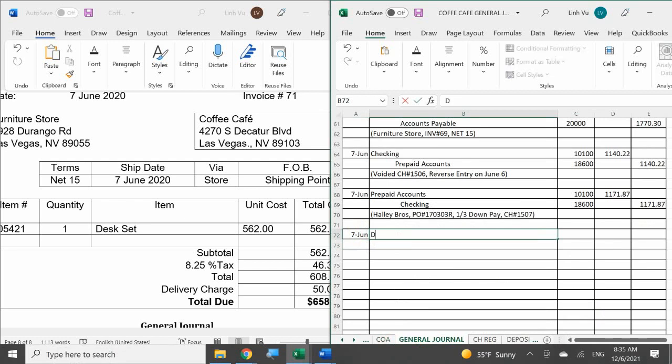So desk set 1330, and we have accounts payable for 2000. How much is my total cost of my desk set?